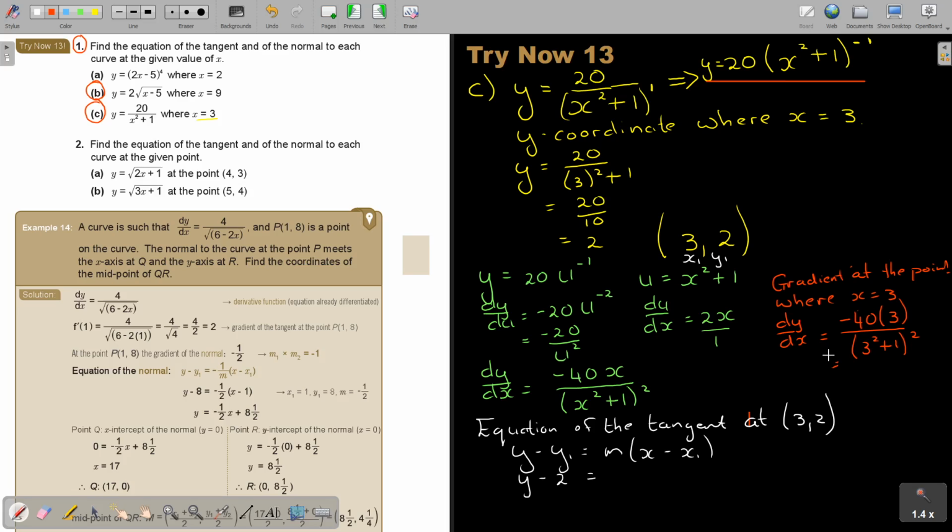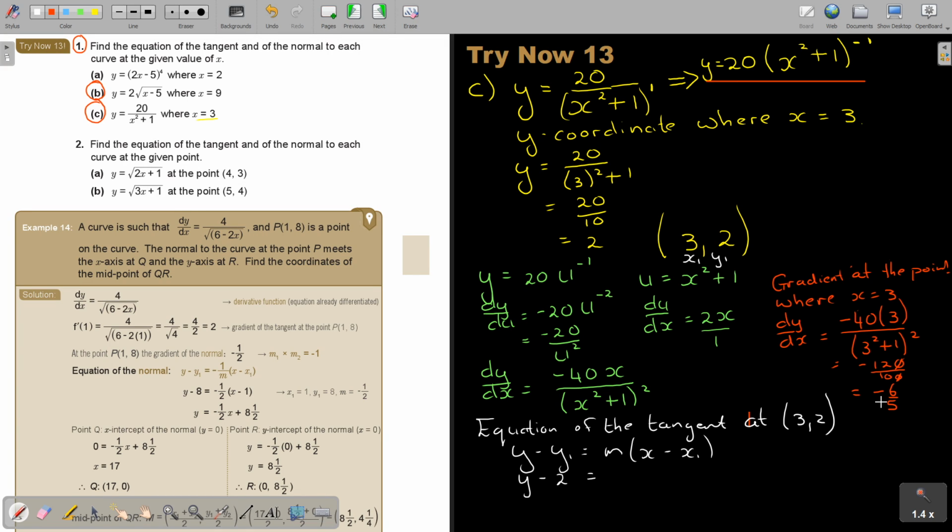After we simplify this, it will give me negative 120. This is 9, okay, can you see? This is 9 plus 1, so it's 10, squared it's 100. And if I simplify that, it's negative 12, so it's going to give me a gradient of negative 6 over 5.